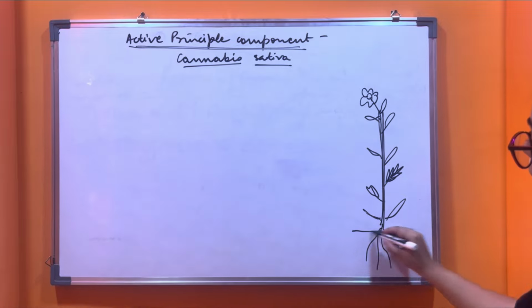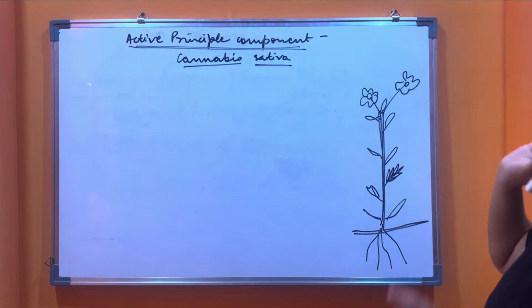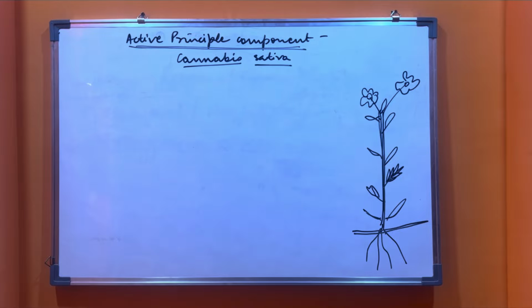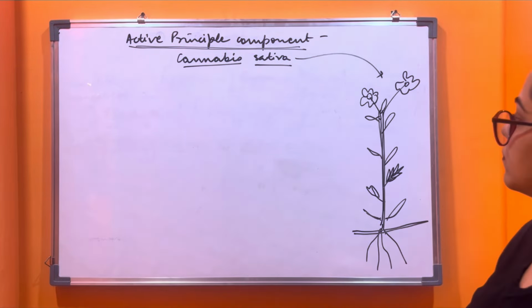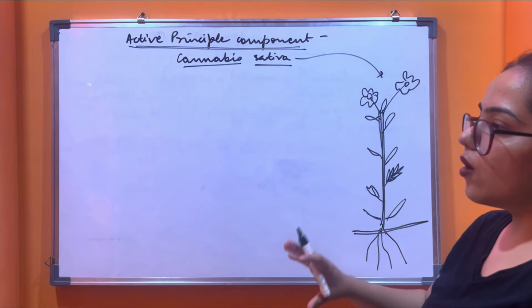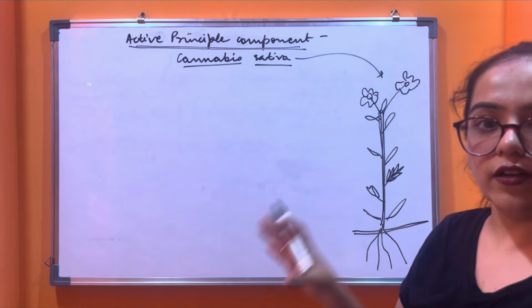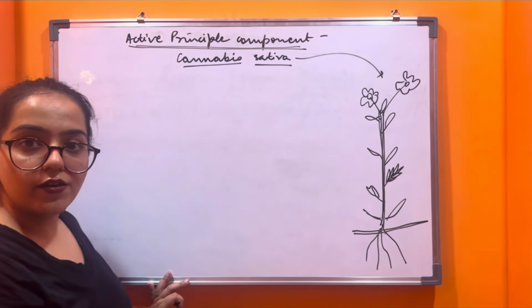Okay, this is suppose a plant and we have many flowers. It's not that we have one. So suppose this is the plant of Cannabis sativa. How is this plant acting as a drug?